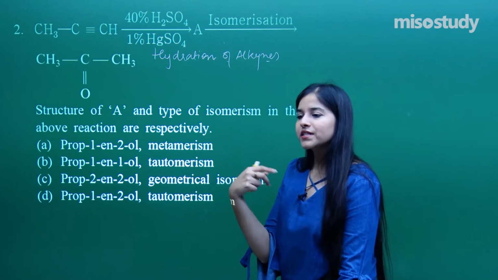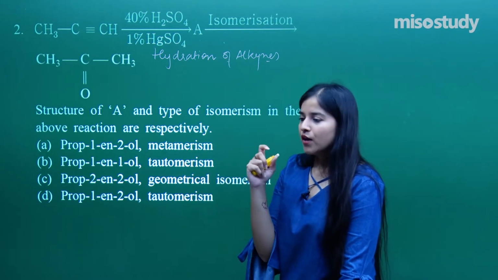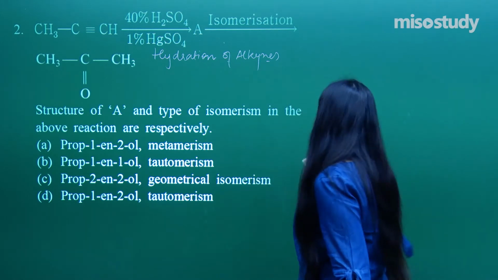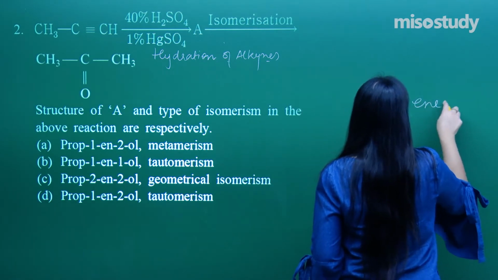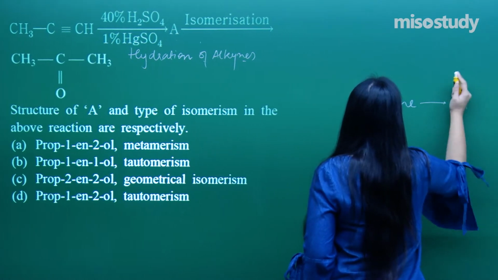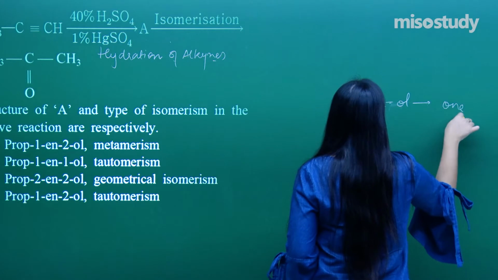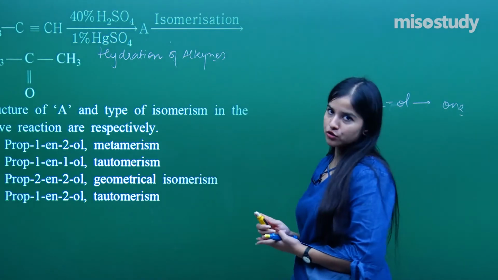So that means OH getting converted into ketone. What I can suspect is it can be tautomerism. What is tautomerism? It is converting the enol form to the keto form. That is what tautomerism is.